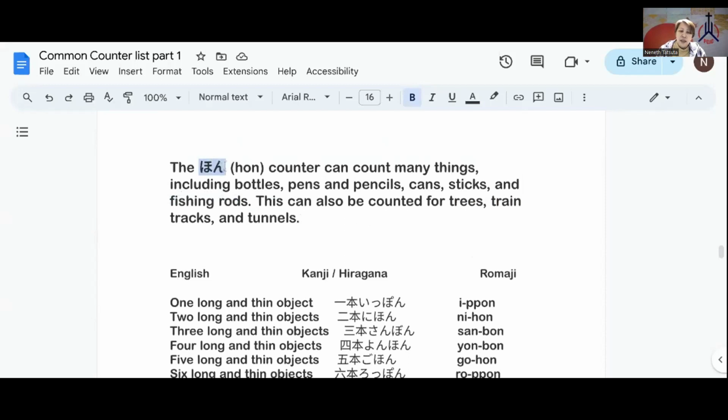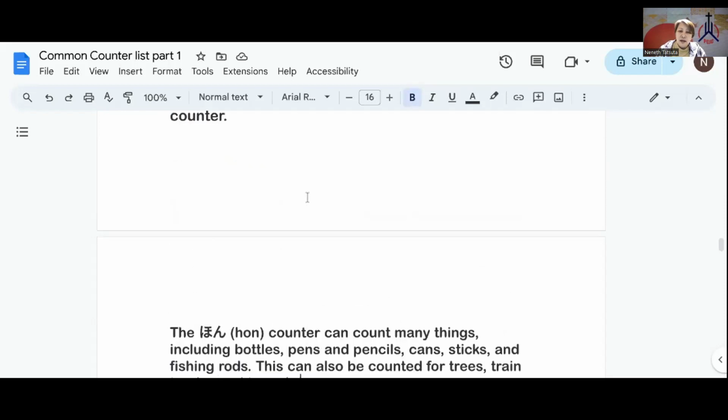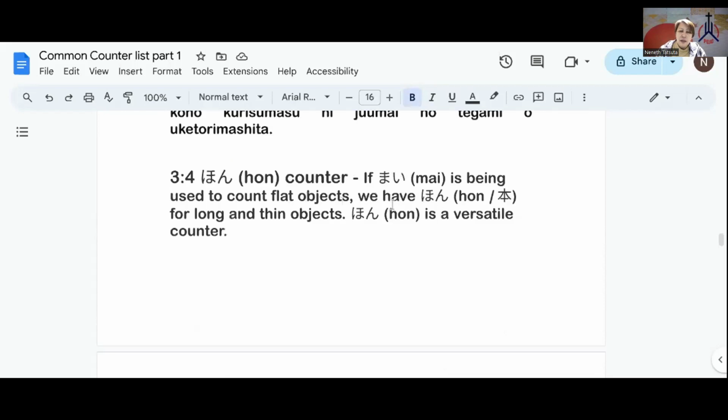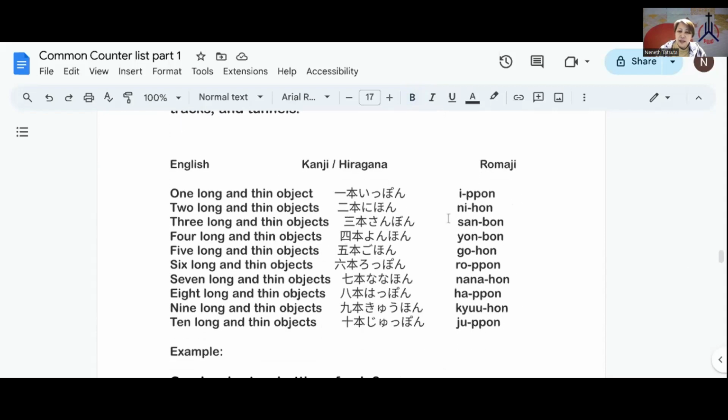Don't be mistaken with the word hon, because there is a vocabulary word for book. It's also hon. Hon is book. But this time, this hon is for counting long and thin objects. So just add pon.